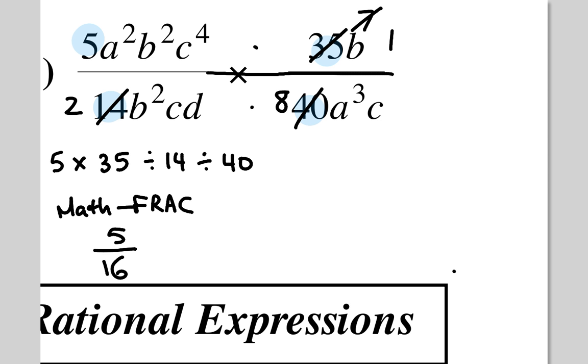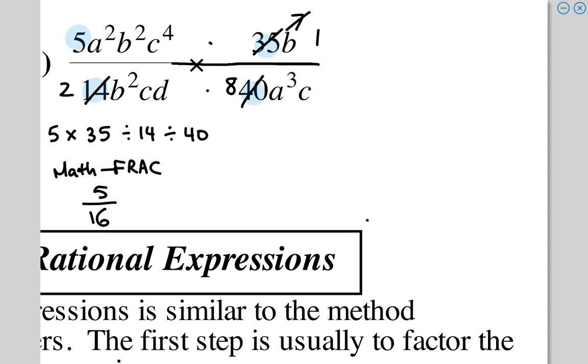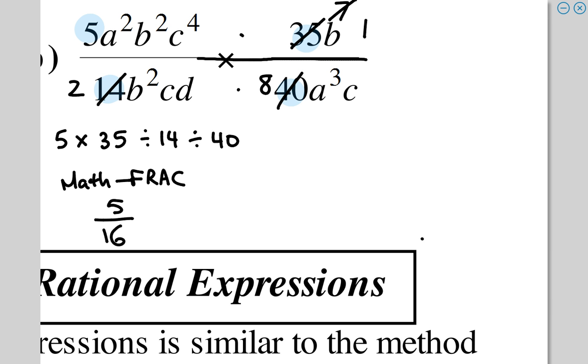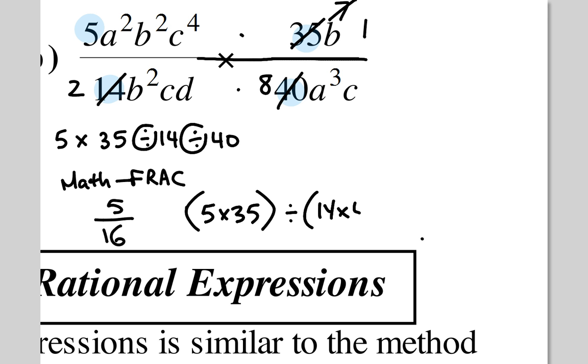So, which do you guys prefer? Math fraction, or you like doing it by hand? Technology is good because typically you don't make any mistakes. The one thing I'll warn you guys about is, see how I put divide, divide? You could also do 5 times 35 in brackets divided by 14 times 40 in brackets.